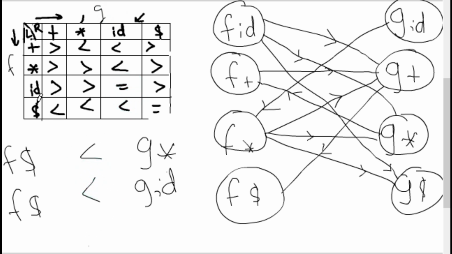And between f dollar and g dollar there is equal to symbol. So we don't need to do anything there. G star goes to f dollar. So let us take g star to f dollar. G id goes to f dollar like this.